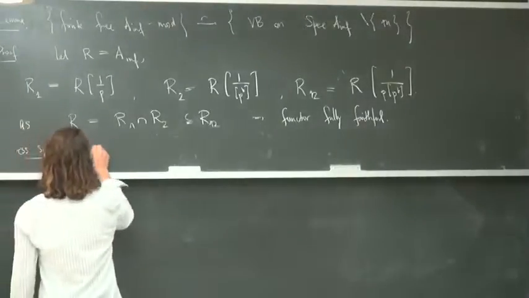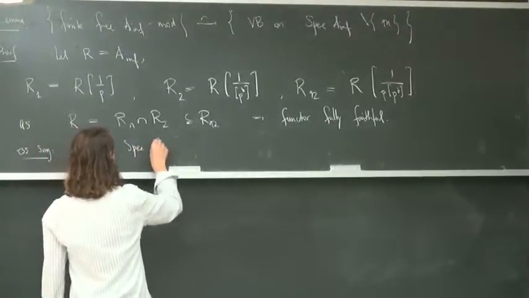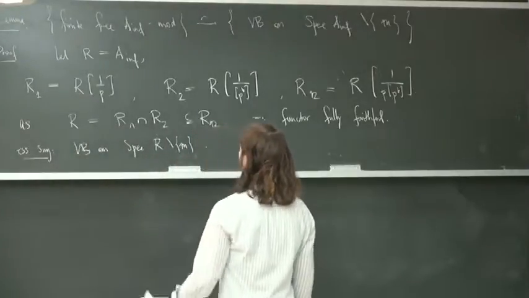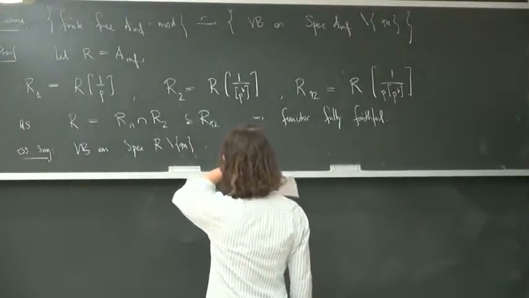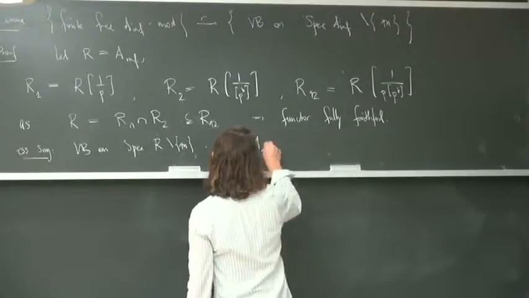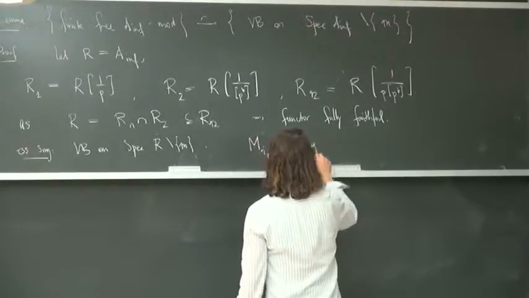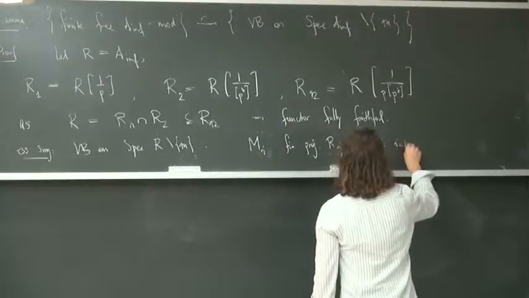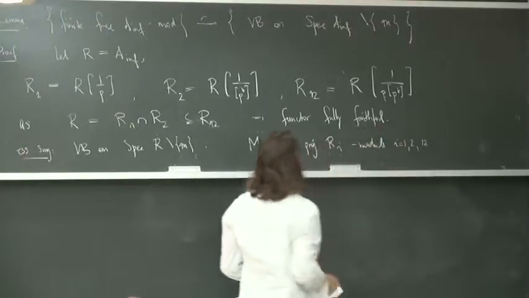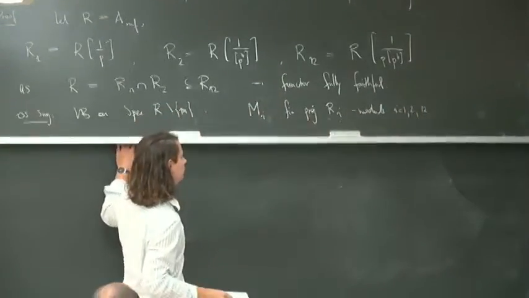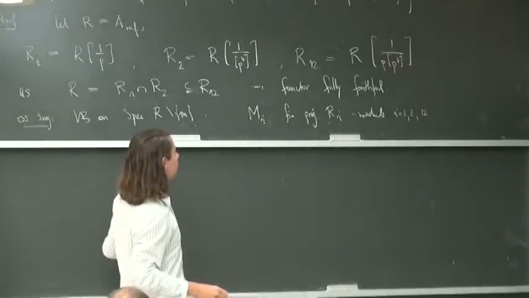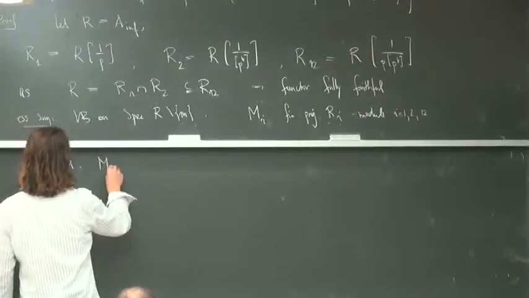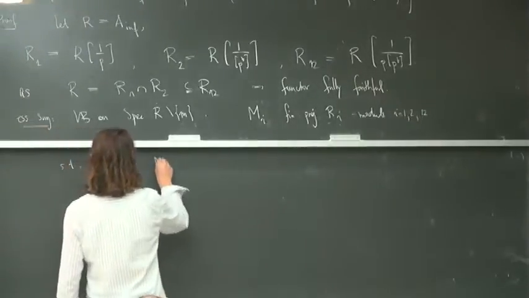If you have a vector bundle on this punctured spectrum, then you can evaluate it on all these affine subsets, and so it's equivalent to the datum of M_i, a finite projective R_i module, for i = 1, 2, or 12, such that M_12 is really just the base extension.